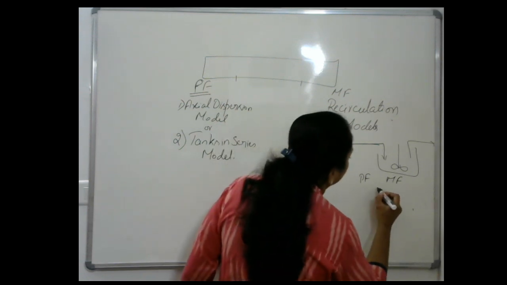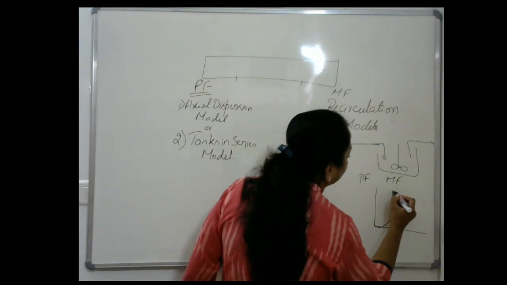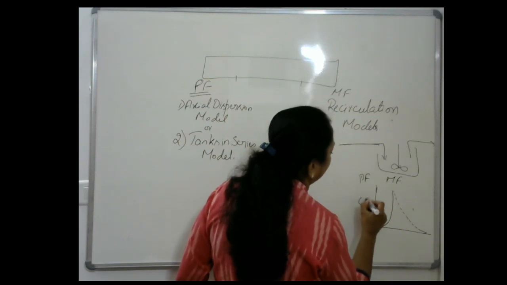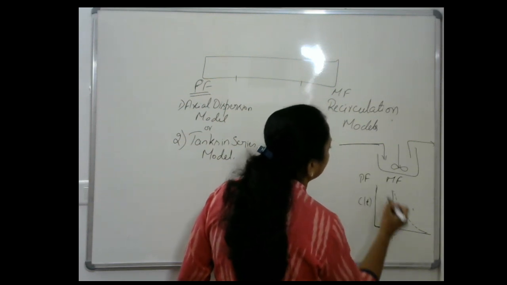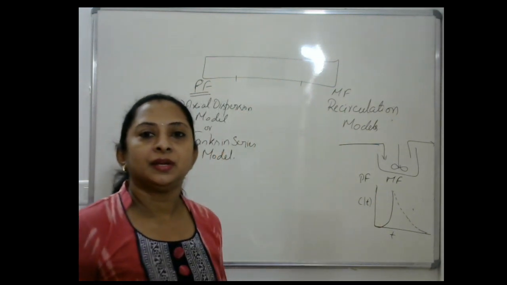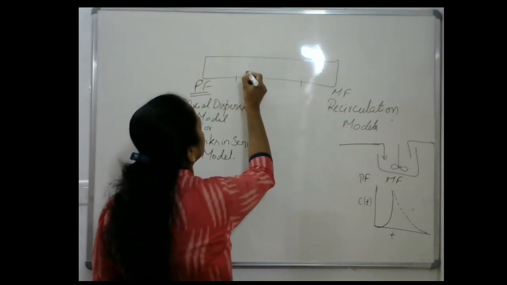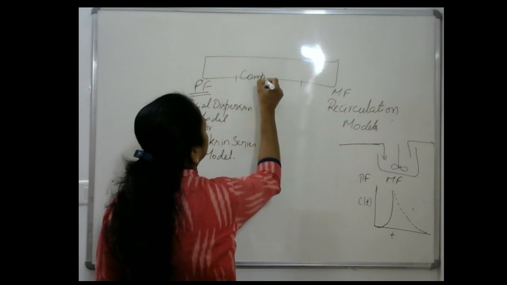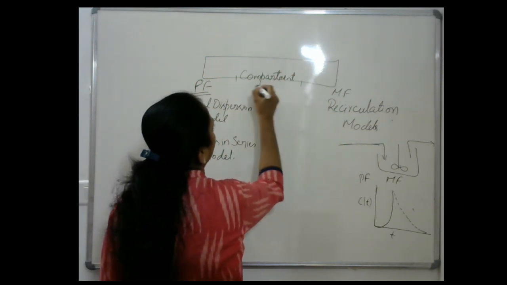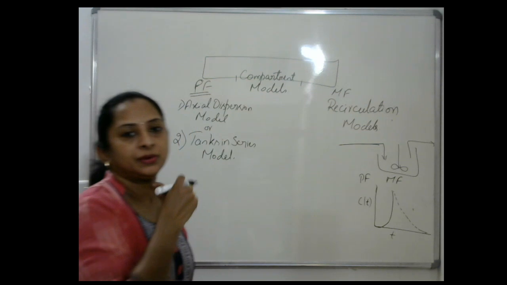There was a delay, and then the flow approximated MF, if you plot C of t versus t. So when you have such cases, the models we use are compartment models.